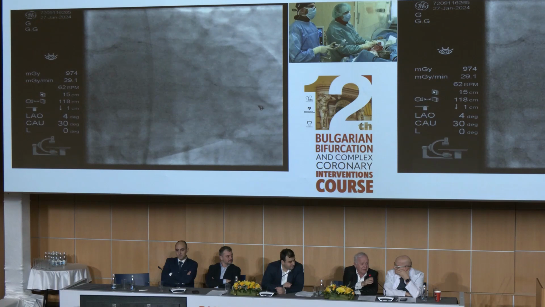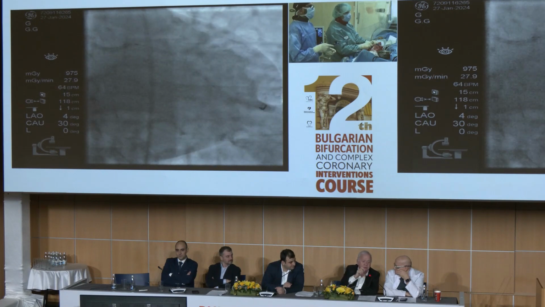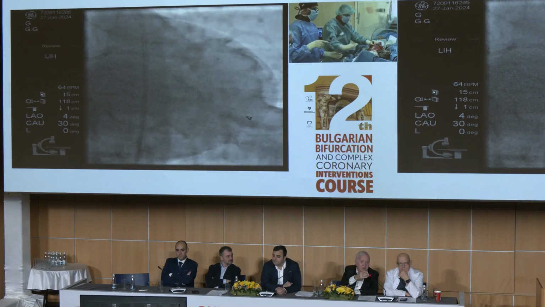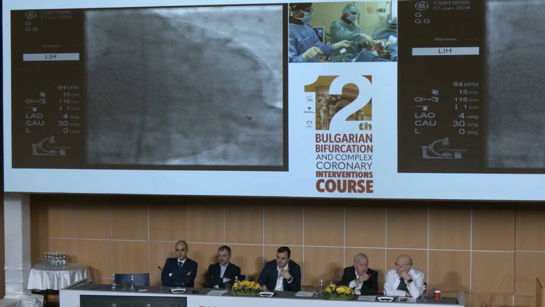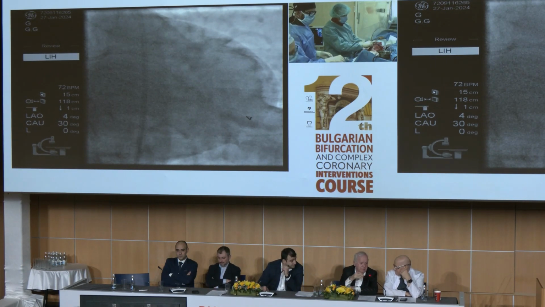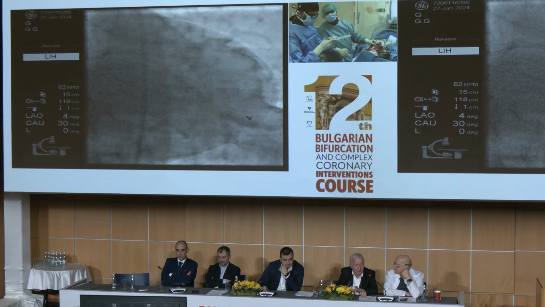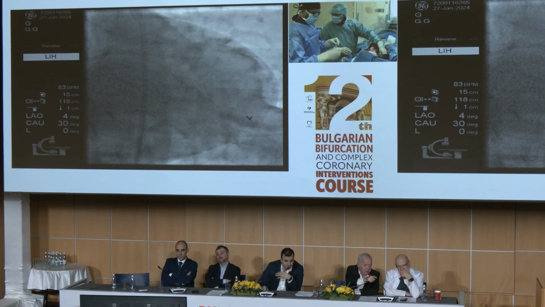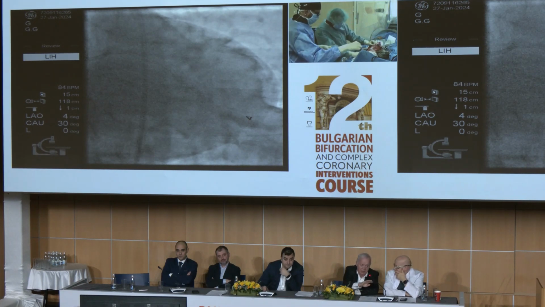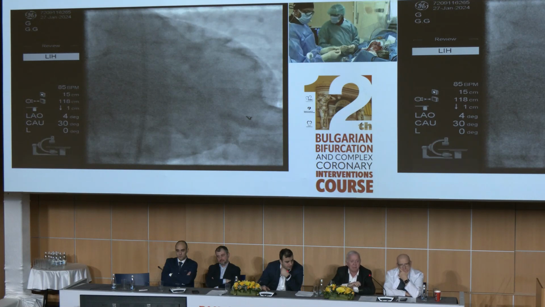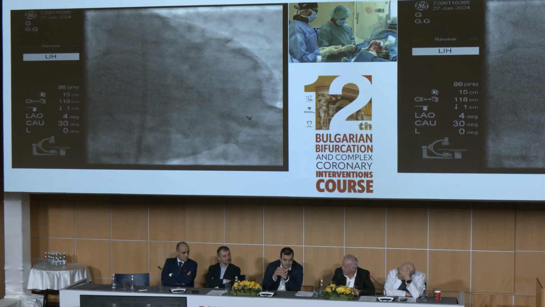We are speaking of the same size of the balloon. Of course, if you use a bigger balloon to correct a poor deployment, you can use a bigger balloon with this non-compliant balloon. But if you put the same diameter, high pressure, non-compliant there will do nothing, absolutely nothing, guaranteed.